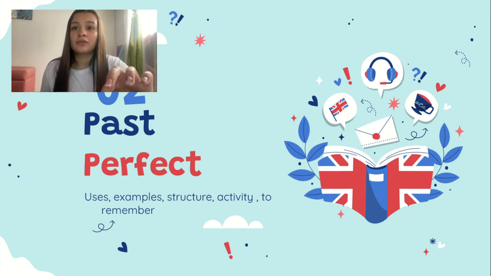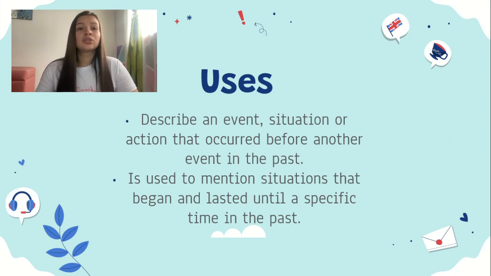So the past perfect is used to describe an event, situation, or action that occurred before another event in the past. So this is the past of the past. For example, this is the present, this is the past simple, and this is the past perfect. So that is something that happened before the past, okay?